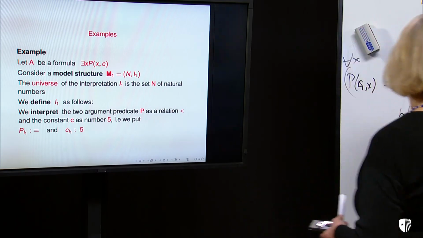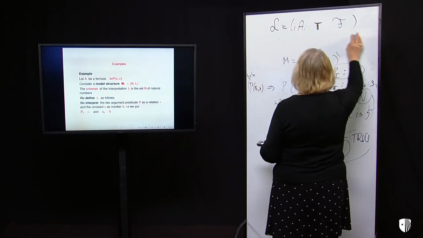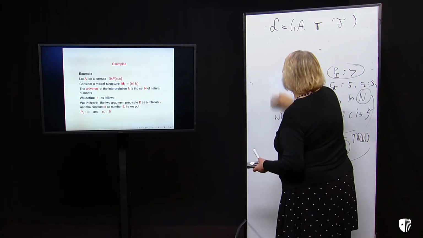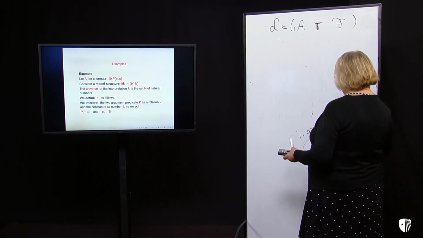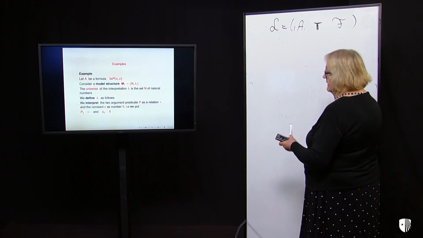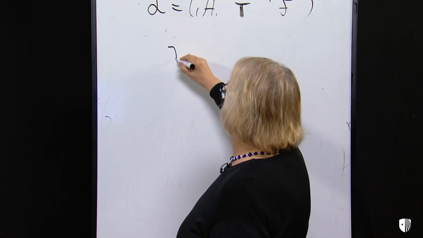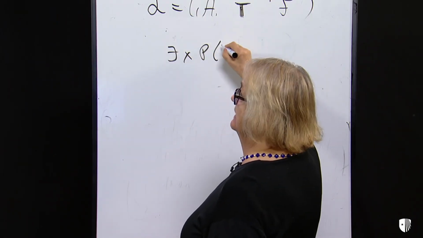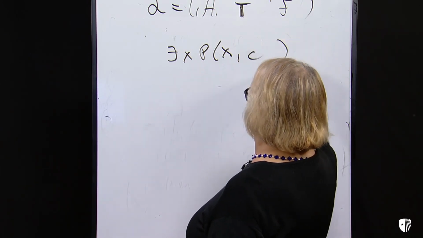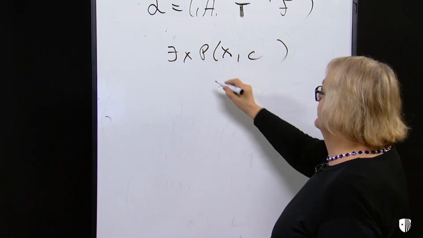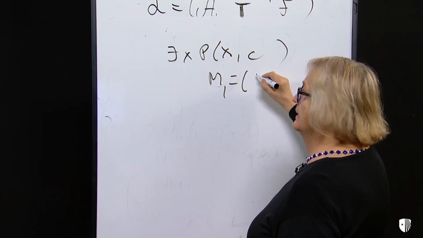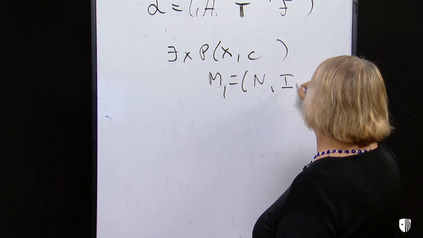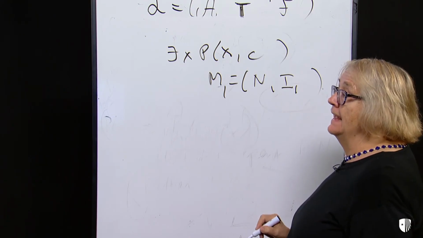For example, let's have a simple formula. The intuition is the following: let's say there exists x, P(x, c). And for the model structure, I have M1 and an interpretation.